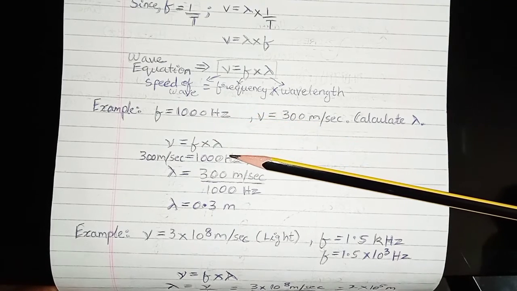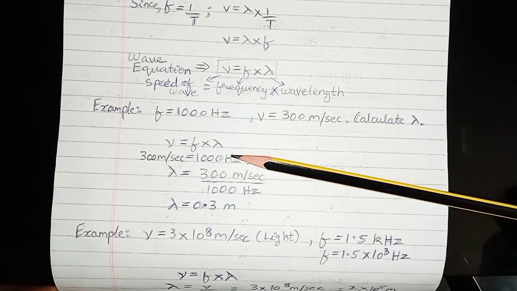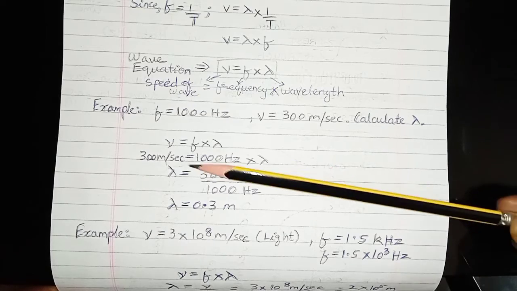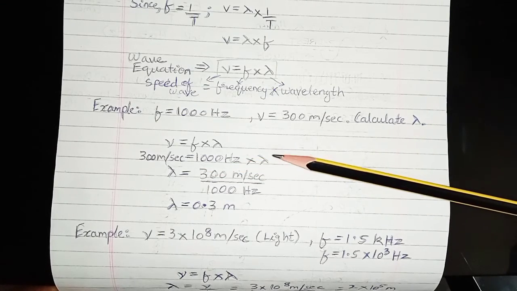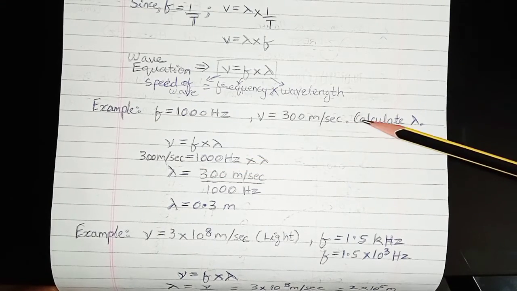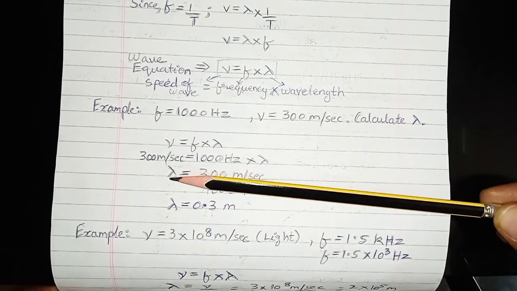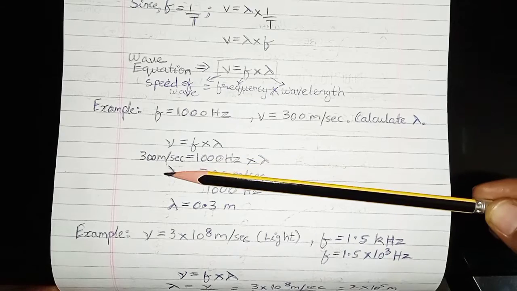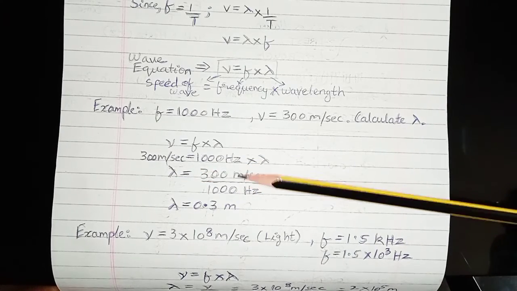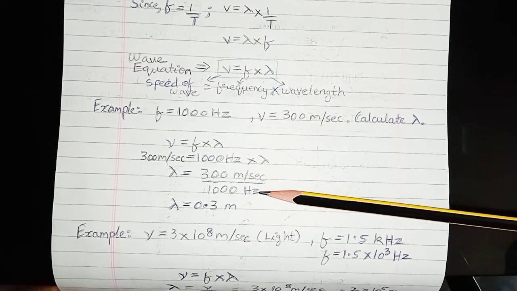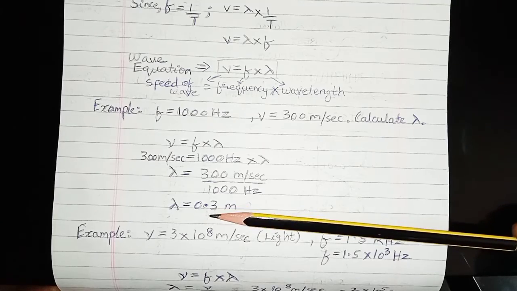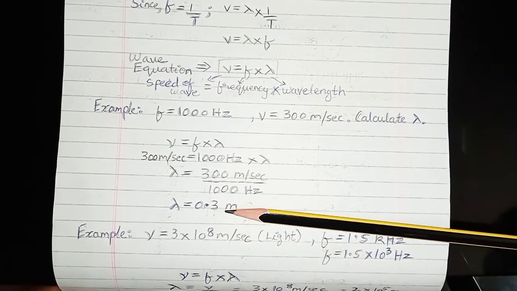F is substituted as 1000 Hertz into lambda. Now we have to find what is lambda. Lambda is the wavelength. We have to calculate the wavelength. So lambda is equal to 300 meters per second divided by 1000 Hertz. We'll get lambda, the wavelength, as 0.3 meters.